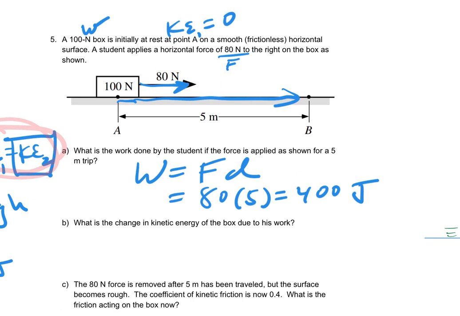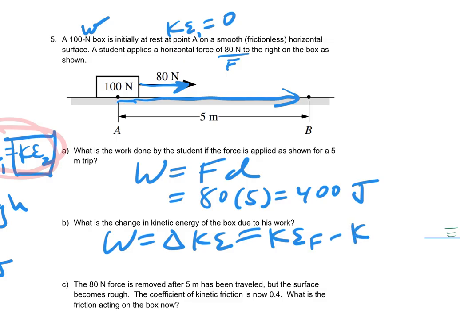What's the change in kinetic energy of the box due to this work throughout this trip? Well, the change in KE equals KEF minus KEO. KEO is 0. Or KE2 minus KE1. Okay, so that'd be m... wait, I don't have to do any of this, because the work I did was a change in KE.